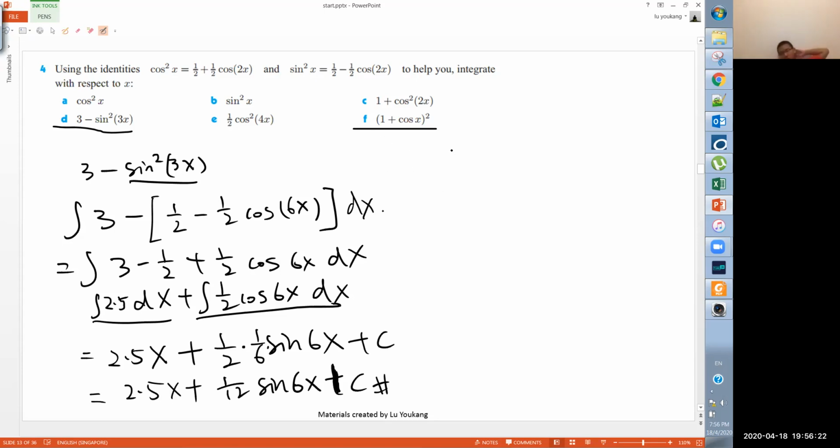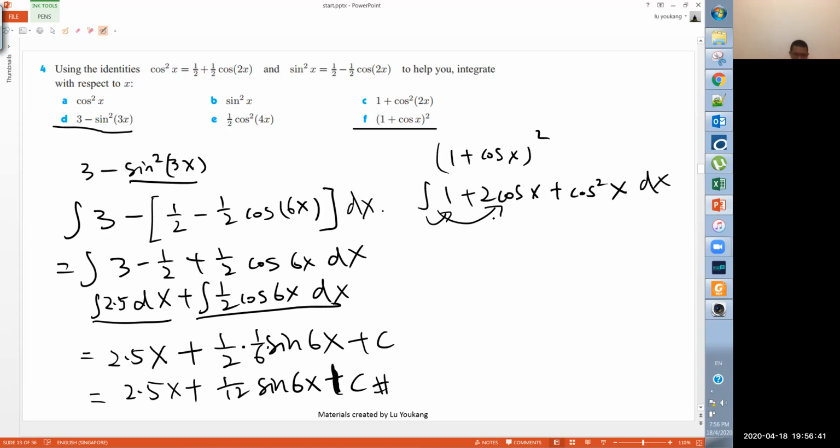So for this question, F. So how do you do F? So what you do is you need to open the bracket first. Okay, once you open the bracket, you just differentiate term by term. Okay, and the first two terms, you shouldn't have any problem.